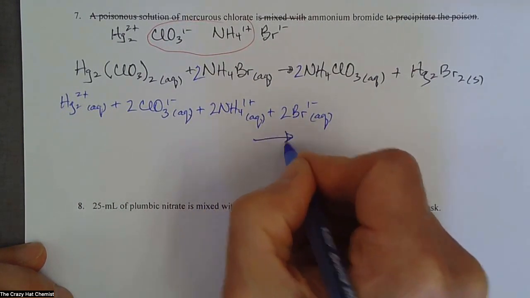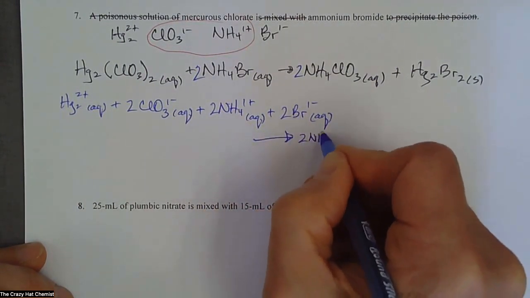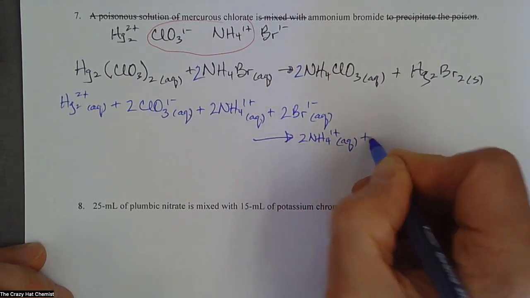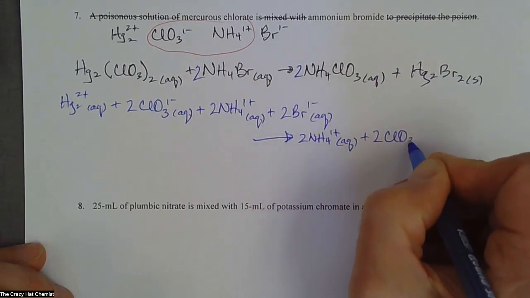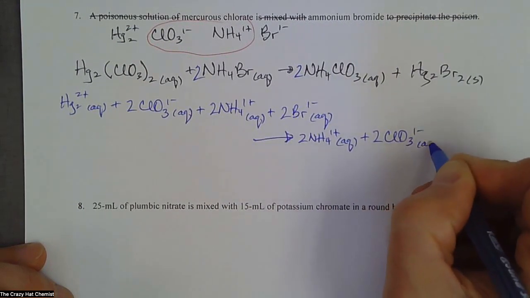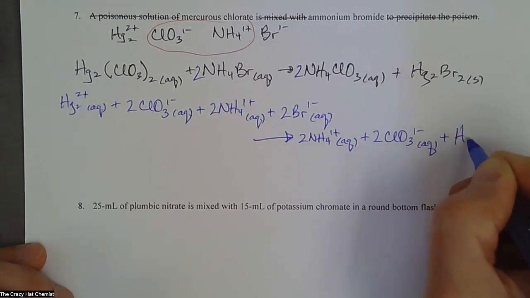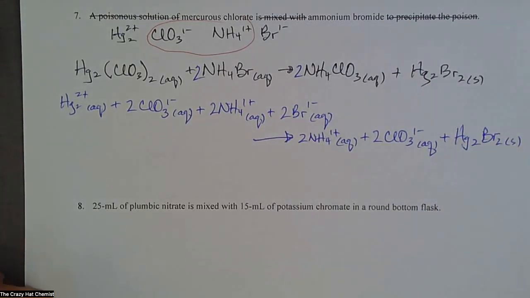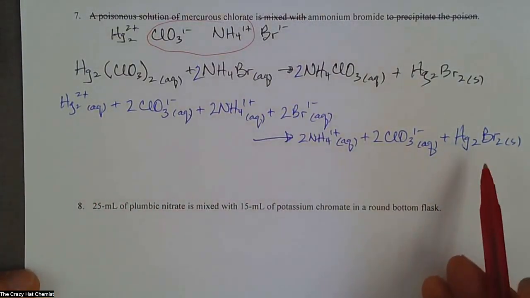And then I'm going to put the arrow right down here, 2 ammonium ions, in hopes that I might be able to put this all on one line, plus 2 ClO3 1- aqueous, plus Hg2Br2 solid. I made it. Fantastic. This is the total ionic equation.